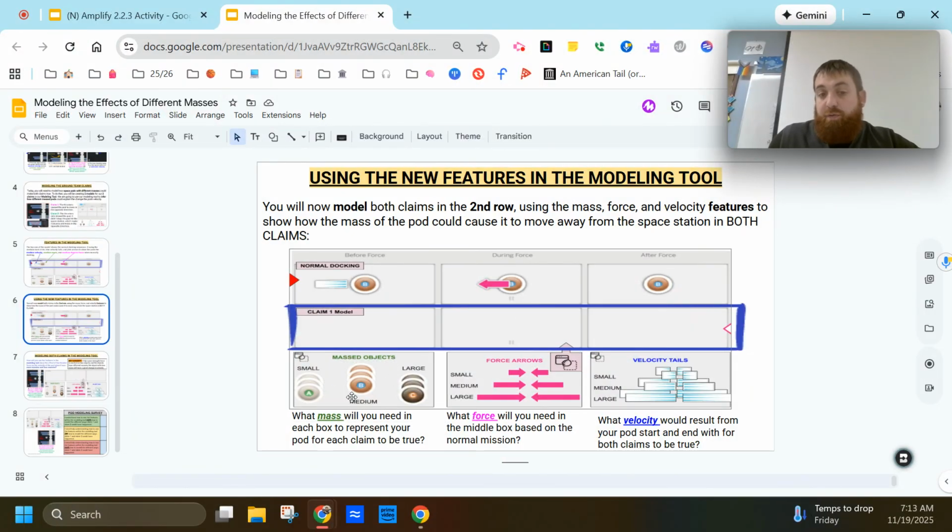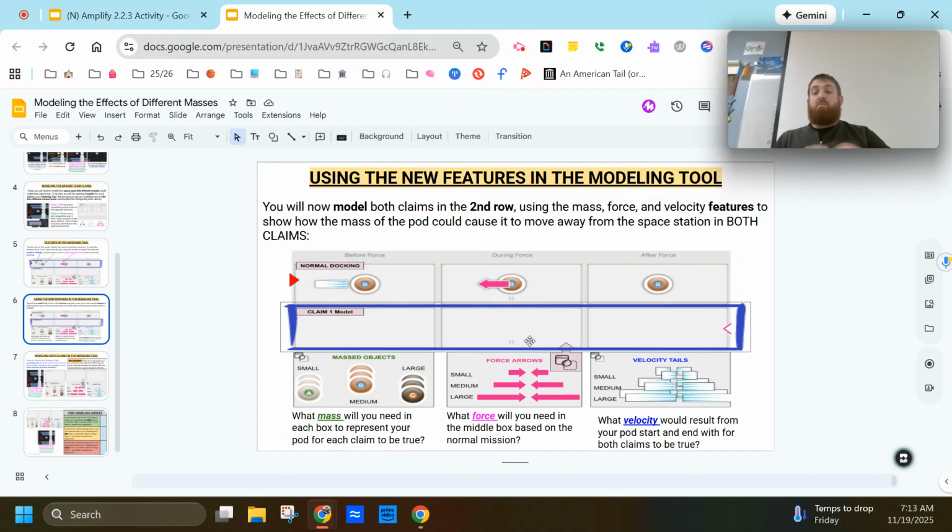So you'll do a model for claim 1 and then a model for claim 2. You're then going to need to show the velocity details before and after the thruster force was applied. And then here in the middle, during force, this is where you're going to show the thruster force that occurred during the docking sequence or during those lost signal times.